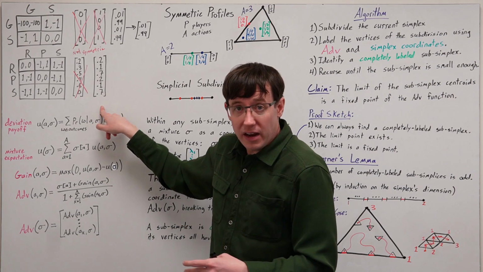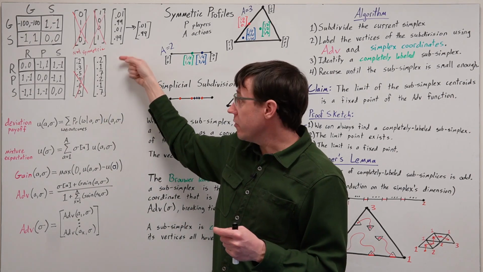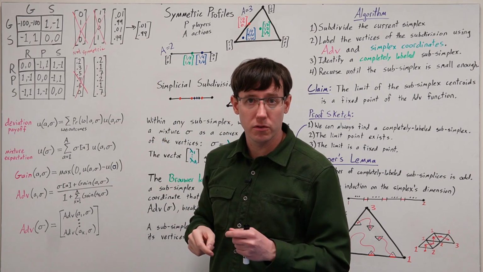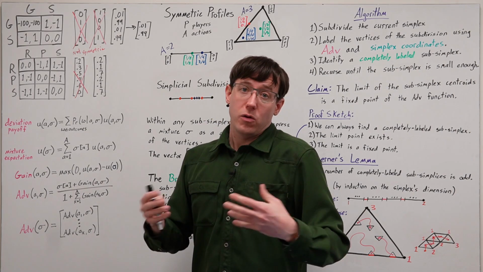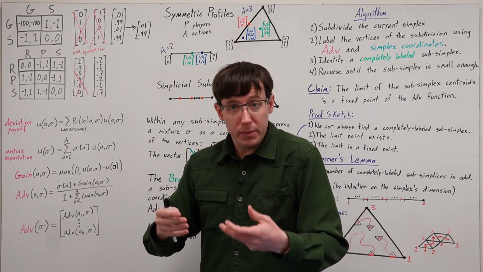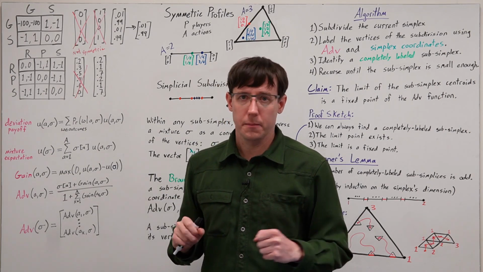Whereas in this second example, both players are using the mixed strategy 0.2 rock, 0.1 paper, 0.7 scissors. And so again, we can represent this more compactly by just giving the probability for each action that all of the players are using.